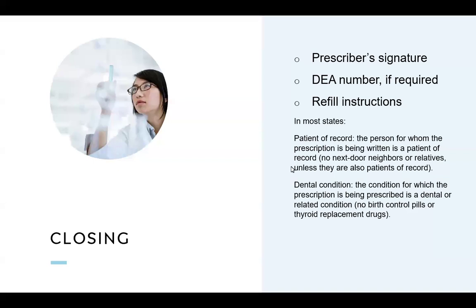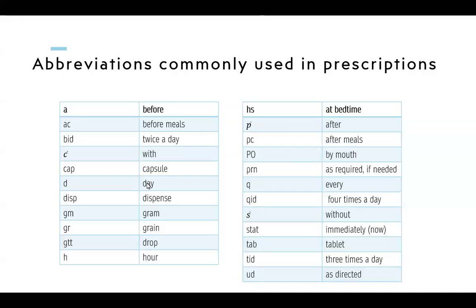So in most states, these are regulations for the dentist. A dentist can't prescribe things outside of his or her expertise in dentistry, and they must be a patient of record.